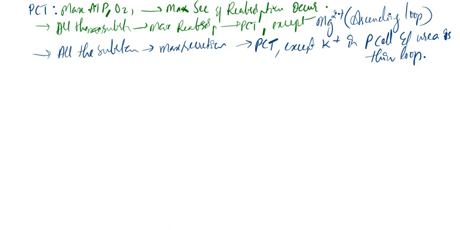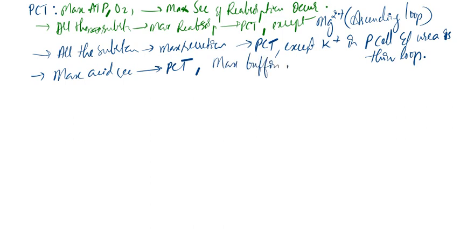Now maximum acid secretion is seen in PCT. The maximum buffers in PCT control the pH of the body.